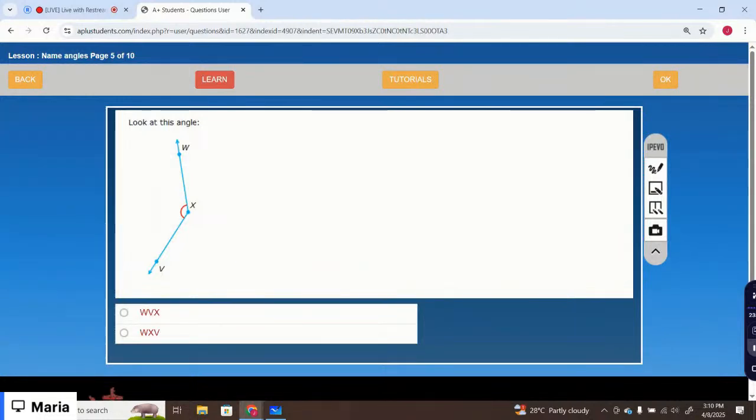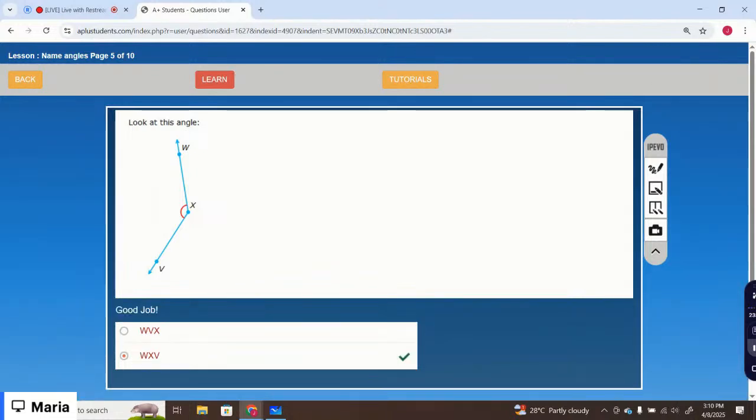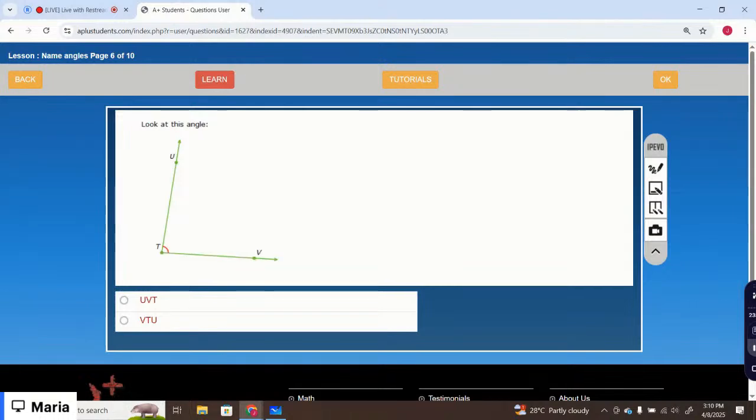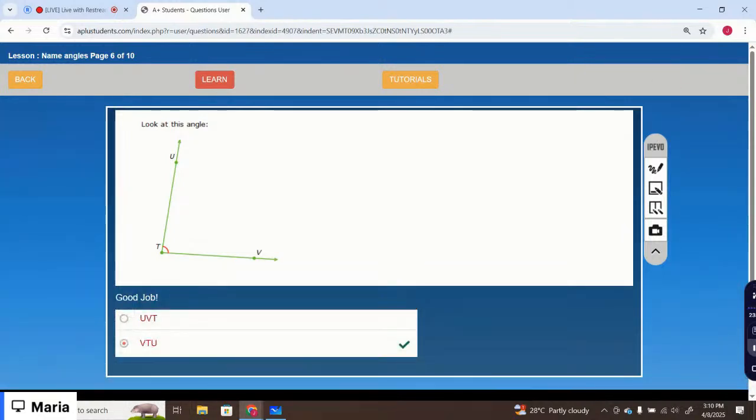Look at this angle. That is WXV. Option number two is the correct option. Option number two is the correct option, that is angle VTU. T is the vertex, so T must be in the middle. Option number two is the correct option.